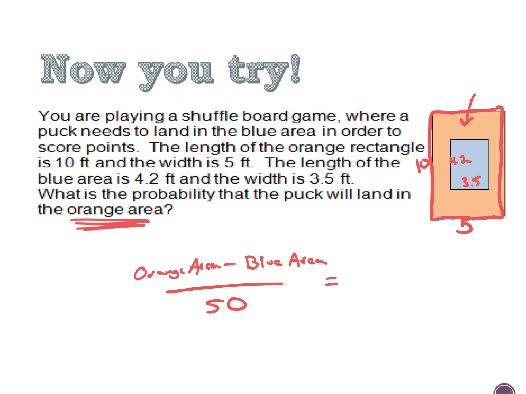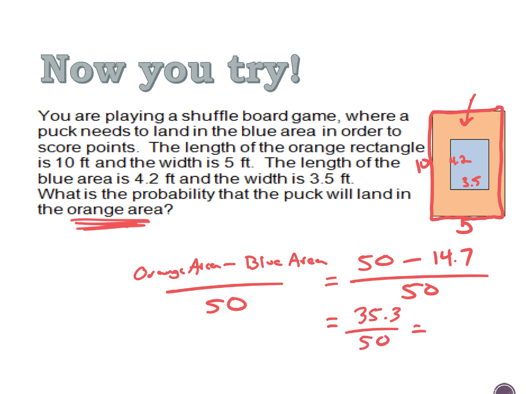We already have the orange area, so we just have to figure out the blue area. If I do 4.2 on my calculator times 3.5, the blue area ends up being 14.7. So 50 minus 14.7 ends up giving me 35.3 out of 50. If I divide that by 50, I get 0.706 or a 70.6% chance of that happening.